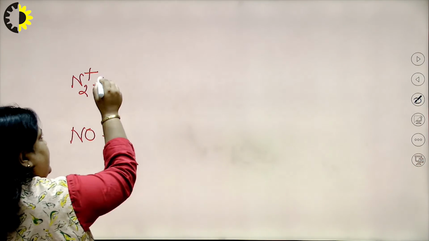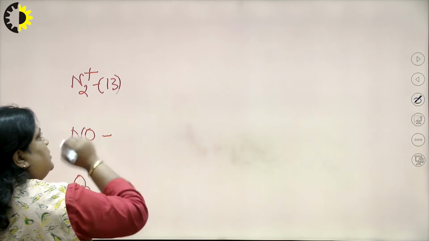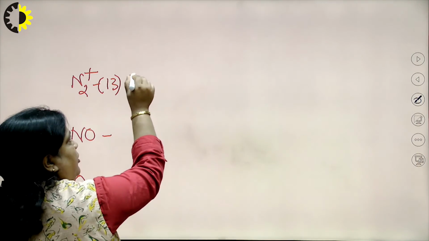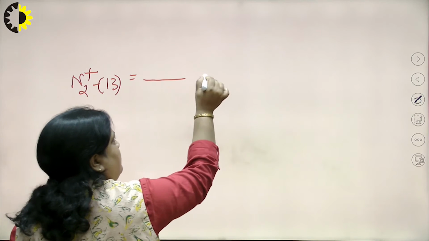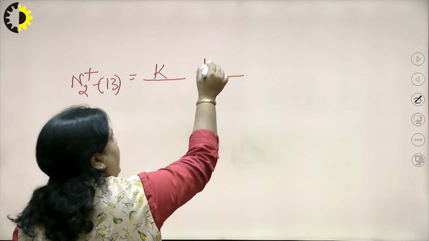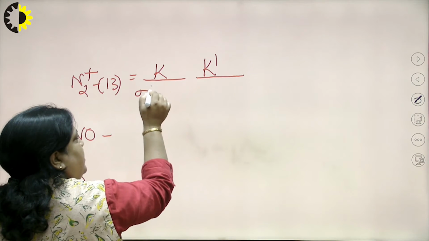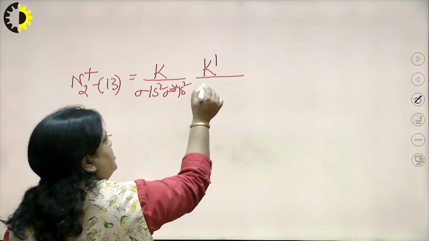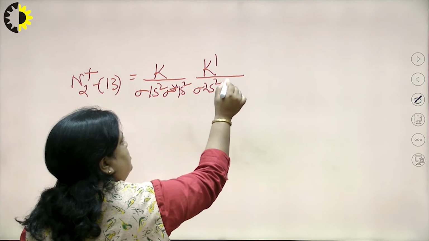So, first write the number of electrons, 13, and when we write the configuration of 13, for the first 8 electrons there will not be any problem. So, for the first 8 electrons, K and K dash, you can write sigma 1s2, sigma star 1s2, sigma 2s2, sigma star 2s2.